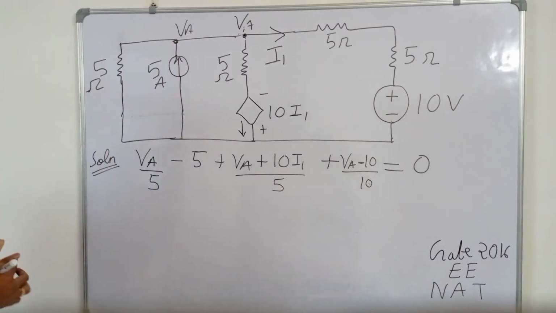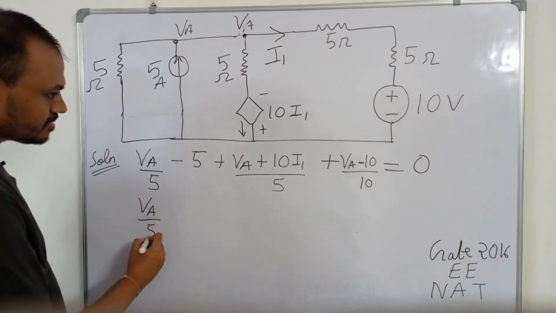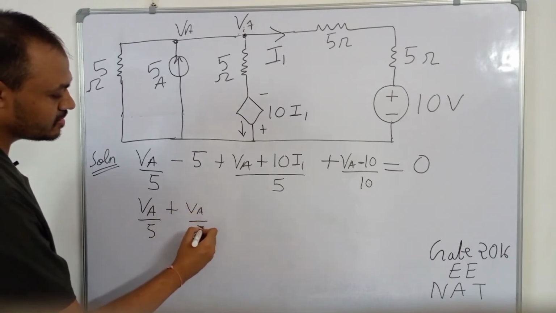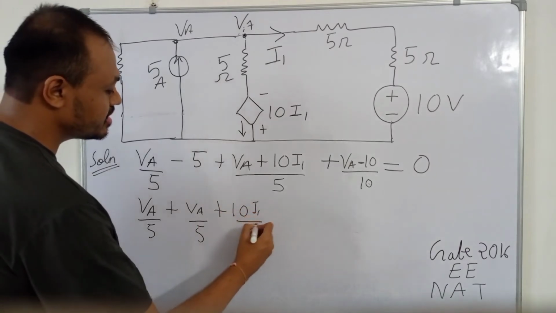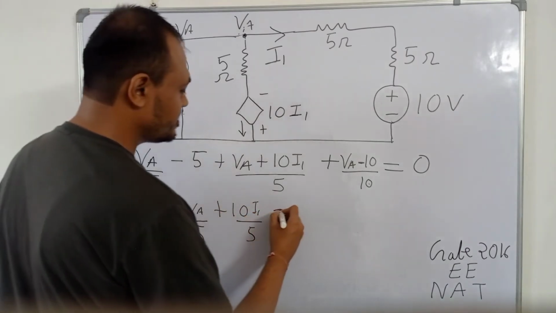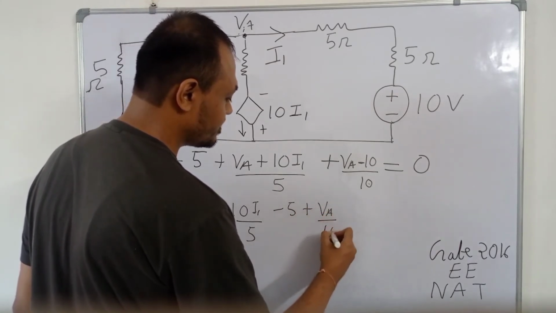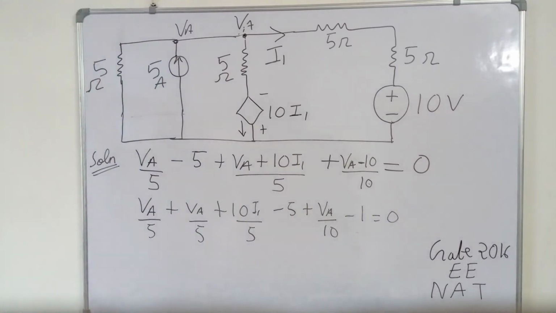Let me solve it. We get VA upon 5, and this also I am writing as VA upon 5, plus 10 I1 upon 5, minus 5, plus VA upon 10, minus I1, equal to 0.